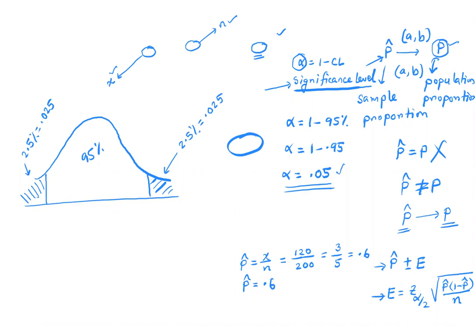Now I'm going to pick another volunteer. Let's see. Araceli, are you there? Yes. Can you explain to me, please, why the right side is 2.5% and the left side is 2.5%? Because if the middle is 95, we need to make it 100%, so 2.5 on each side.